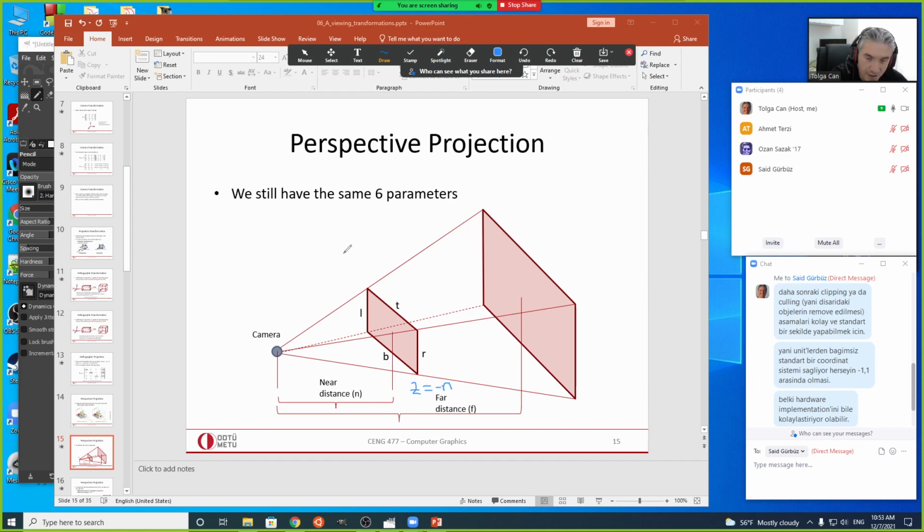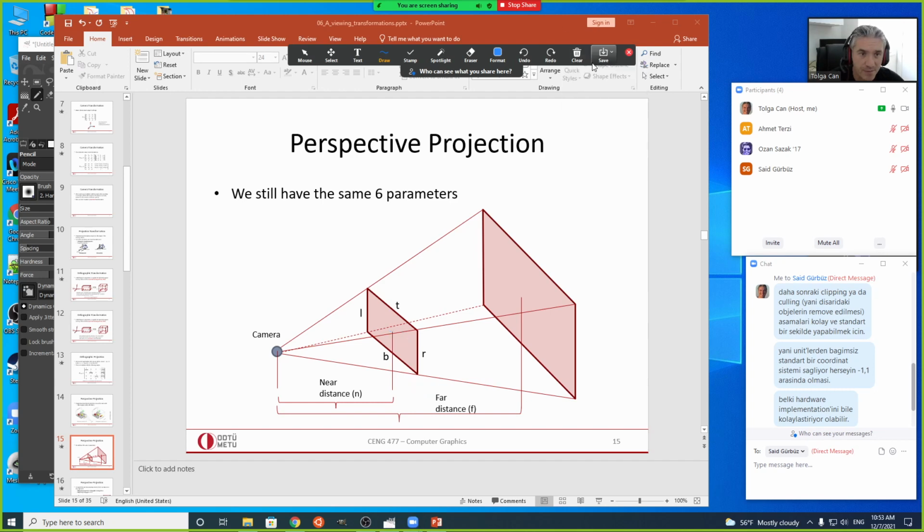The plane equation gives you the plane in which this image window lies, and the left, right, top and bottom boundaries are given as either positive or negative values. They're usually centered at the origin 0, 0 in symmetric perspective projection, but it may not necessarily be so. Your gaze may not hit the image plane at the center if L is not exactly equal to minus R. But in most cases we have this symmetric perspective projection.